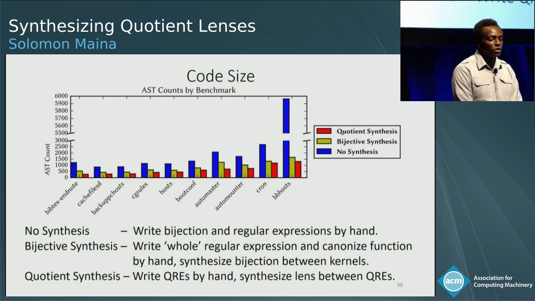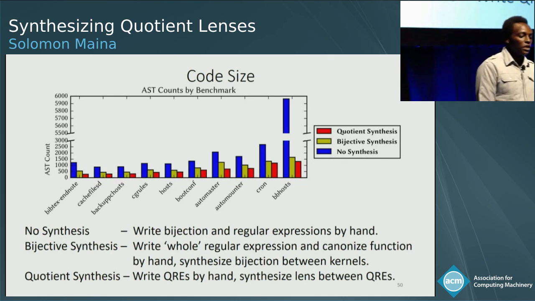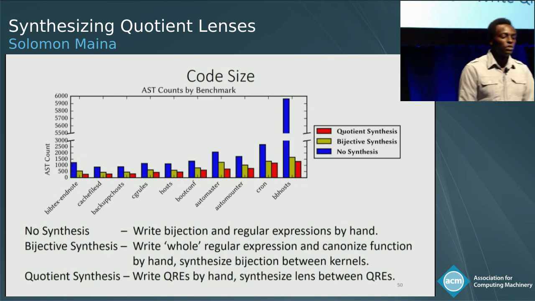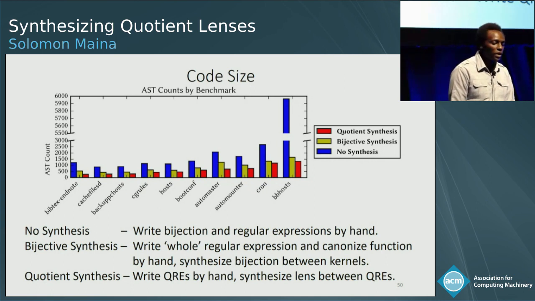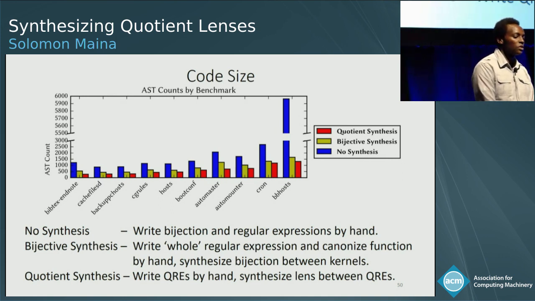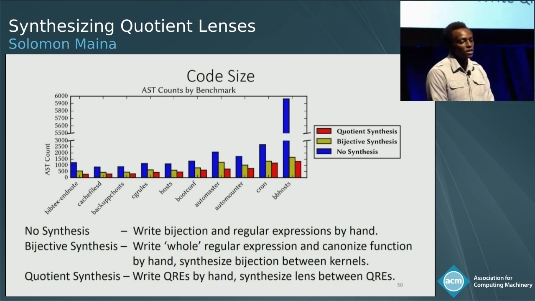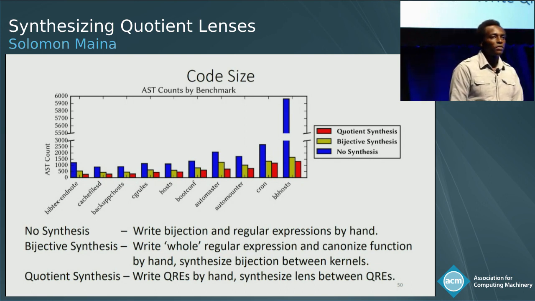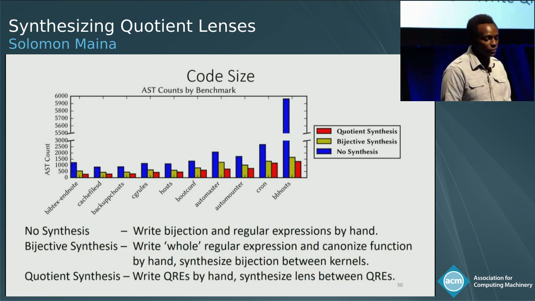On this graph, we have the number of AST nodes produced by each of three programs for each of 10 different benchmarks. On the x-axis, we have 10 benchmarks, and for each of those benchmarks, we produce 3 different programs. And on the y-axis, we have the number of AST nodes produced by each of those programs.